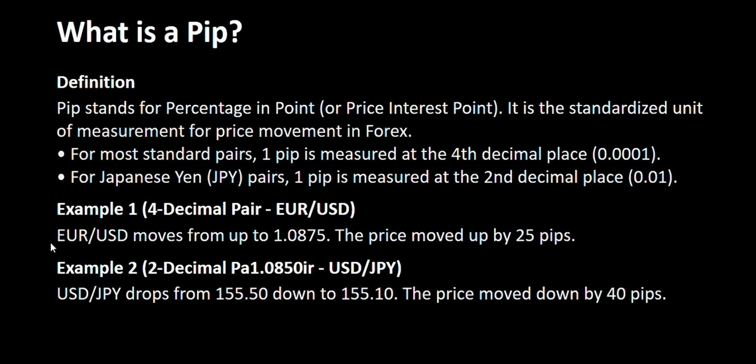For example, a 4 decimal pair, Euro USD. Euro USD moves up to 1.0875. The price moved up by 25 pips. Here's the calculation: Euro USD moves up from 1.0850, so you move up 25 pips.